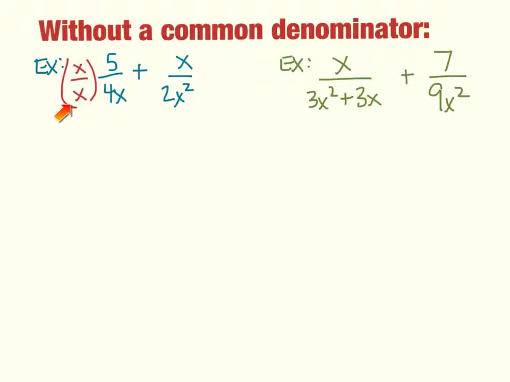Now, the other fraction, 2x squared, for it to make the least common denominator 4x times x, so 4x squared, it has to get multiplied by 2 over 2.